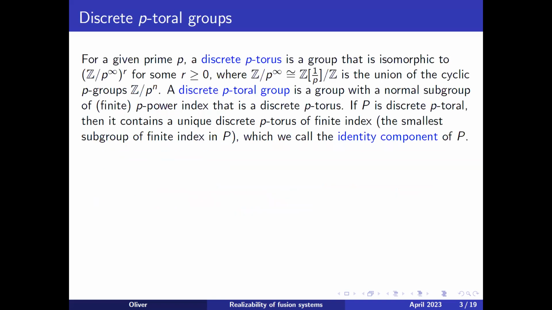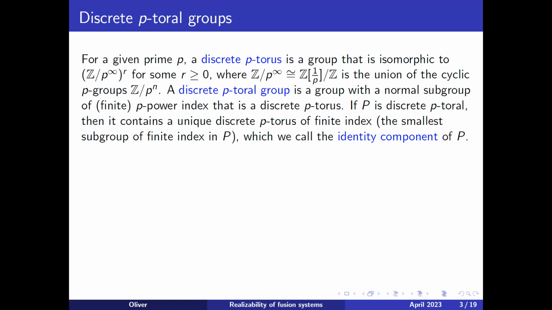First thing I have to do is define what p-toral groups are before I can say what a fusion system over a p-toral group is. P is always a fixed prime. A discrete p-torus is a group that's isomorphic to a product of copies of Z/p^∞. Z/p^∞ you can think of as the union of the cyclic p-groups Z/p^n with the obvious inclusions.